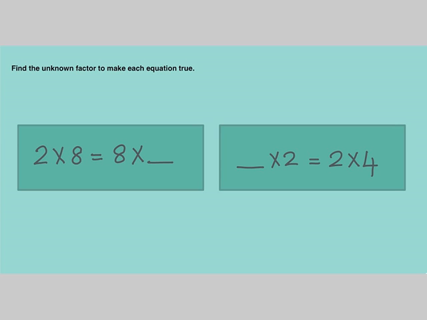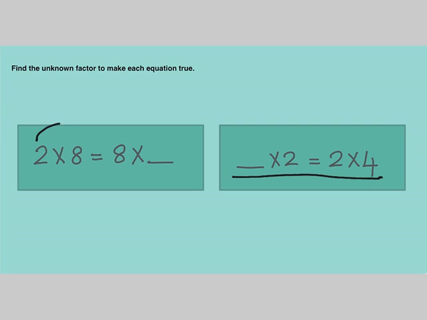Let us do a problem. Find the unknown factor to make each equation true. 2 times 8 equals 8 times dash, and dash times 2 equals 2 times 4.